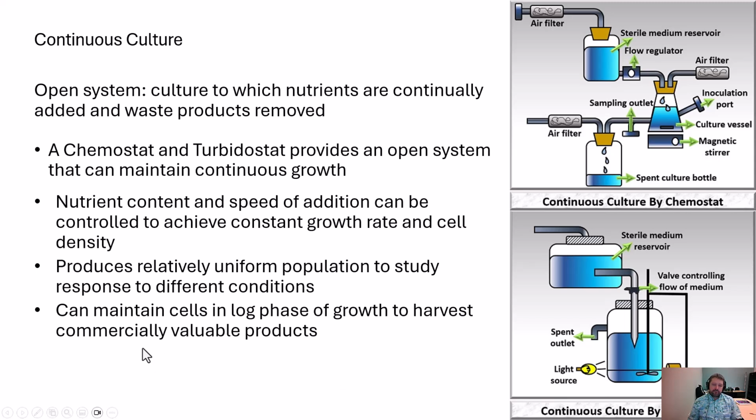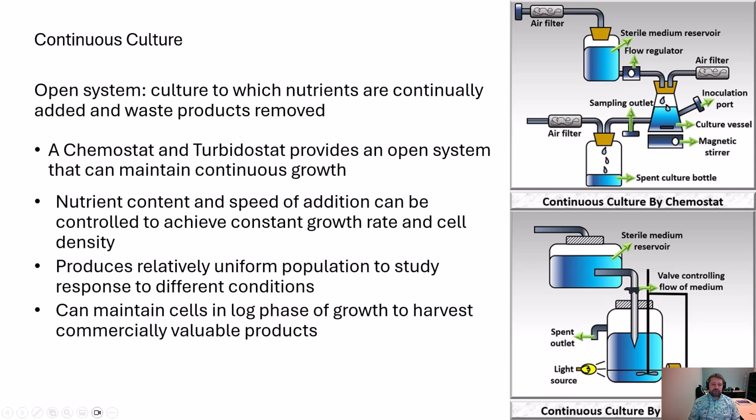So you might maintain them in a log phase to grow them and harvest them. Companies might cultivate bacteria and then send it to other companies or institutions like a college, which can utilize that E. coli or that staph or whatever it might be in their labs.